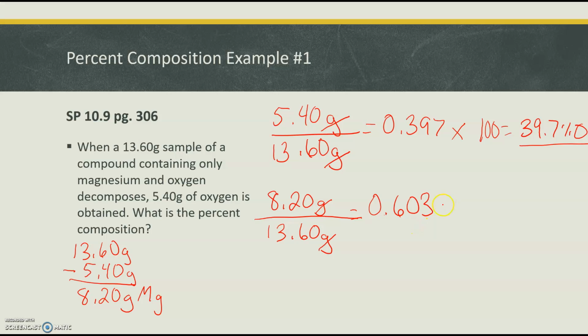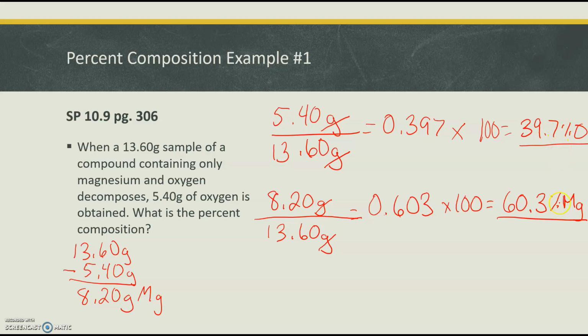We multiply this by 100 to get the percentage, 60.3% magnesium. Now that we have the percent composition for each element in our sample, we have finished our problem.